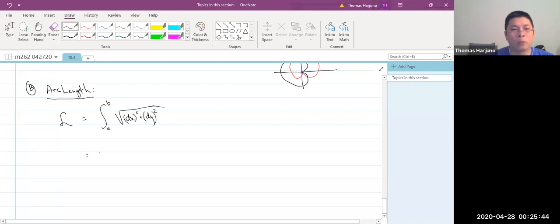Now we will do the following derivative. It's very similar to what we did in the past with parametric. I will take the derivative of x with respect to theta squared plus the derivative of y with respect to theta squared, d theta.